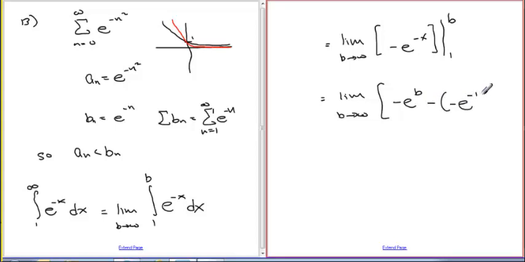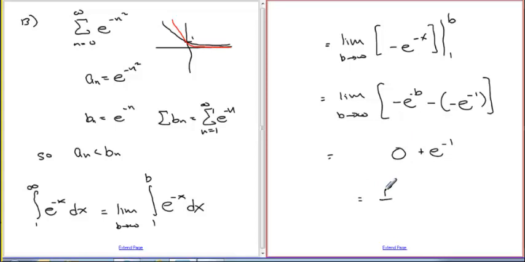When you let b go to infinity, you get e to the minus infinity, which is 0. So this term goes to 0, and this term just stays what it is, which is e to the minus 1 power. And these negatives cancel out, but that exponent stays the same. So when you do the limit, you just get 1 over e.